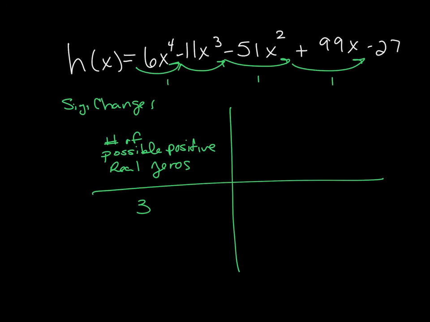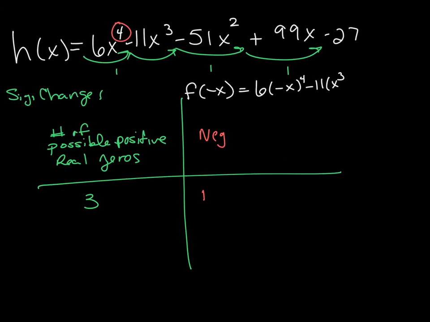Now, that means the number of negative zeros, based upon the fact that the degree of my polynomial is 4. To verify that, all I'm doing for the negative one is, wherever I have f of x, I replace it with negative x. So you'll see that anywhere you have an even exponent, that sign will stay the same. And anywhere you have an odd exponent, that sign will change.